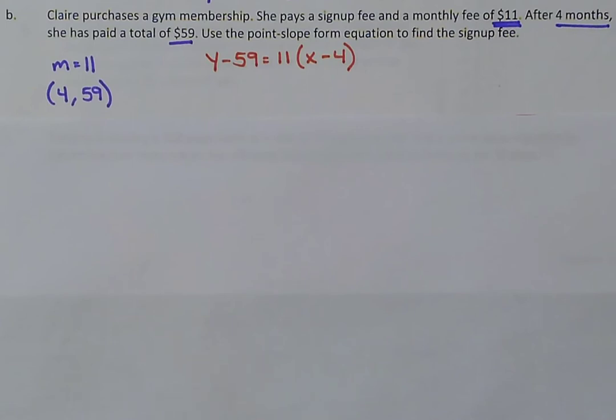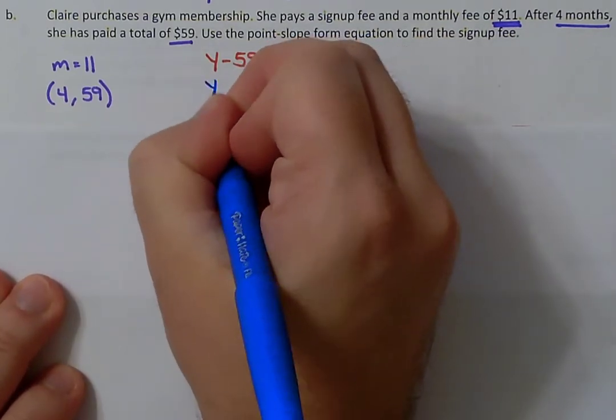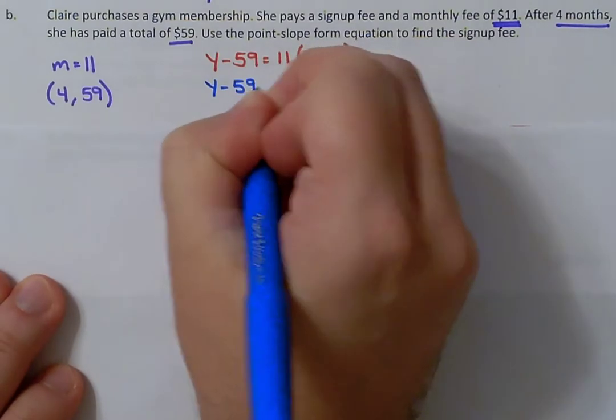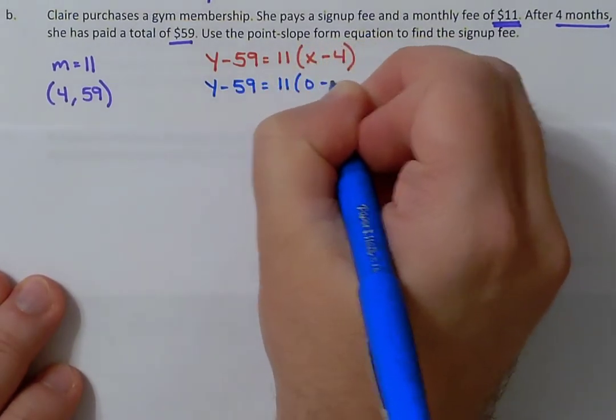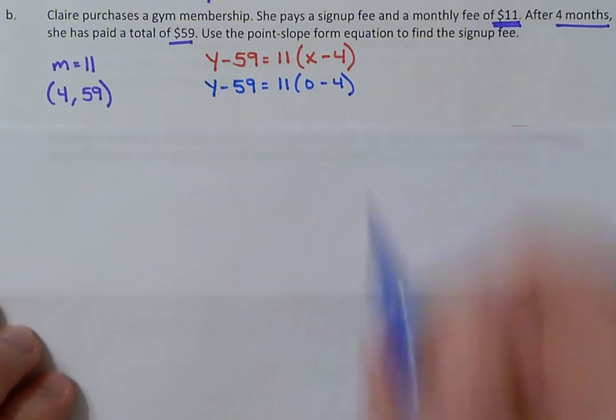The startup fee is going to be when she just initially starts. That means that she hasn't even started any months. It's not like she's paid for 1 month. We just want to know the startup fee. So this is before she's paid for 1 month. So I'm going to plug in 0 because it's the initial, it's the before. So it would be 0 months. So we're going to do 0 minus 4.